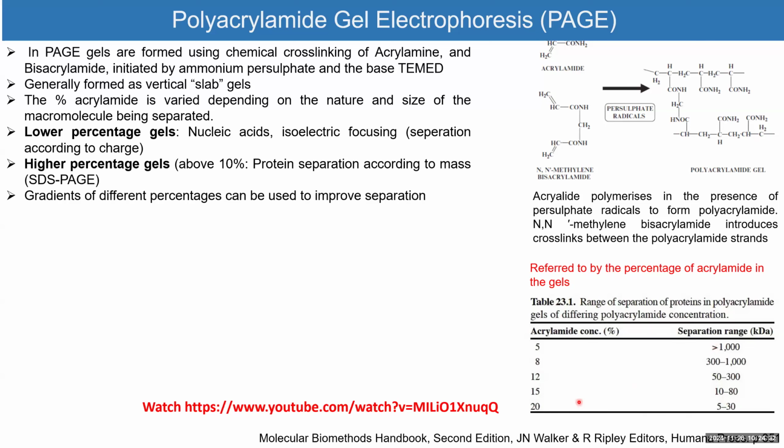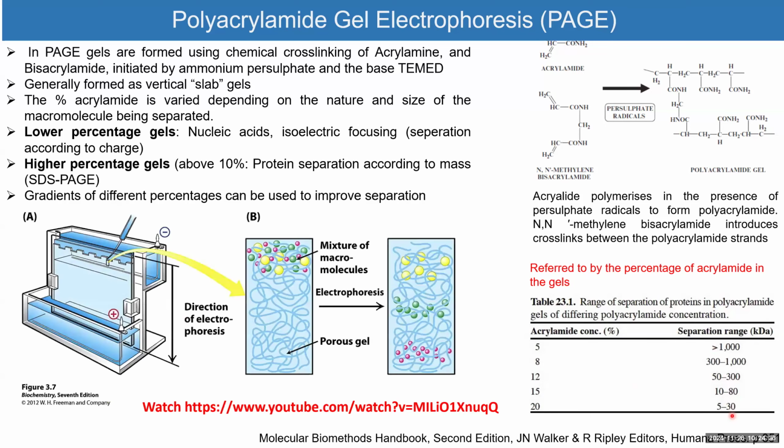This was one of the questions that I asked you in the workshop. Now, the percentage of the PAGE also dictates how fast a protein can run. Bigger proteins cannot run at the same speed as moderate-size and smaller proteins. That's how the separation takes place.